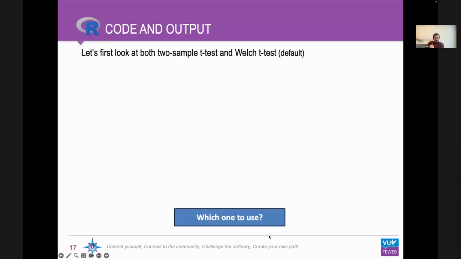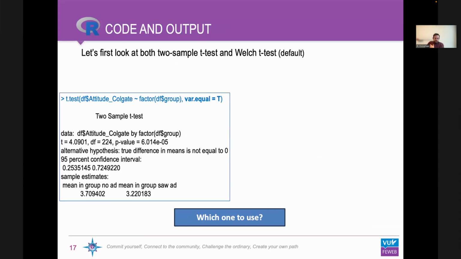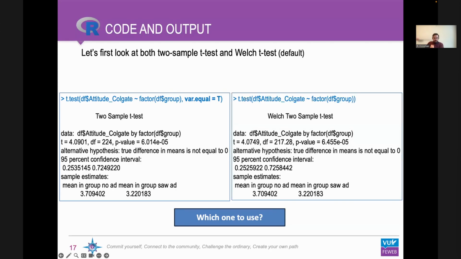Okay, we first look at both of the tests. As I said, we have a two sample t-test, which assumes equal variances, and then we have a Welch t-test, which assumes unequal variances. Here you see the coding for both of them. Notice that Welch is the default option.